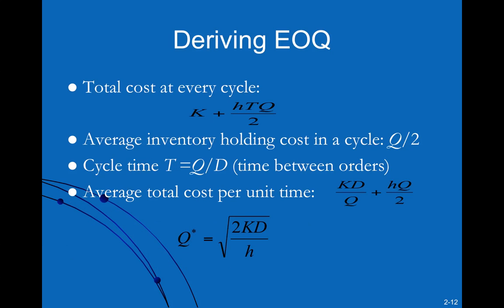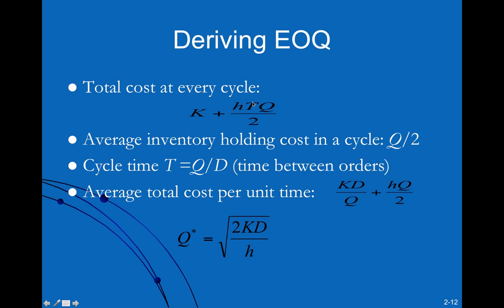To determine the total inventory-related cost, we have two parts. One is the cost of placing the order, and the second part is the cost of carrying the inventory. For this very first part, every time you place an order, there is a cost K that you will incur.